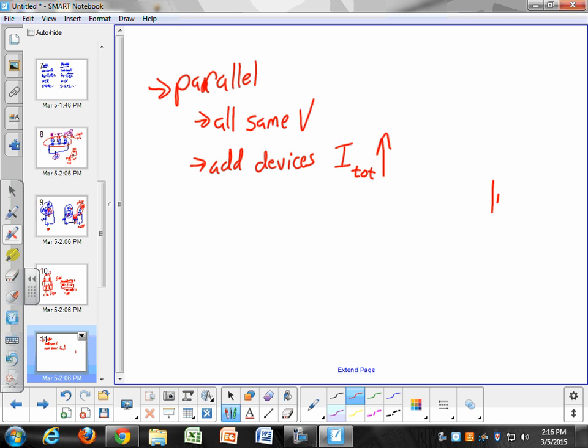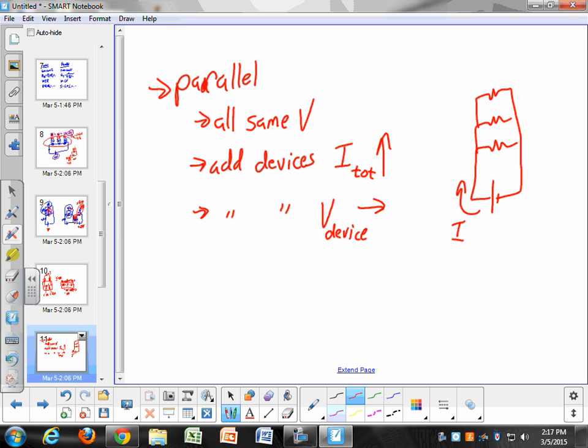Remember, if we have resistors in parallel like this, the total current, which is this current, if you add more resistors, that total current is going to increase. So as I add devices, the total current goes up. If I add devices, the voltage for each device is the same. It remains the same. That's why household circuits are laid out in parallel, so that everything operates at the same voltage, at 120 volts.